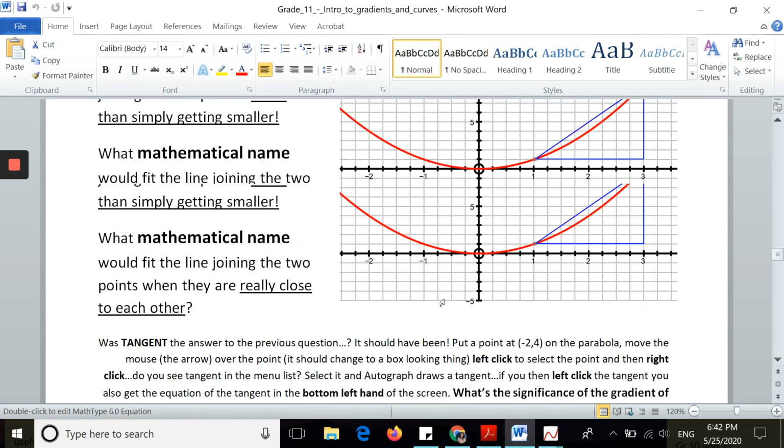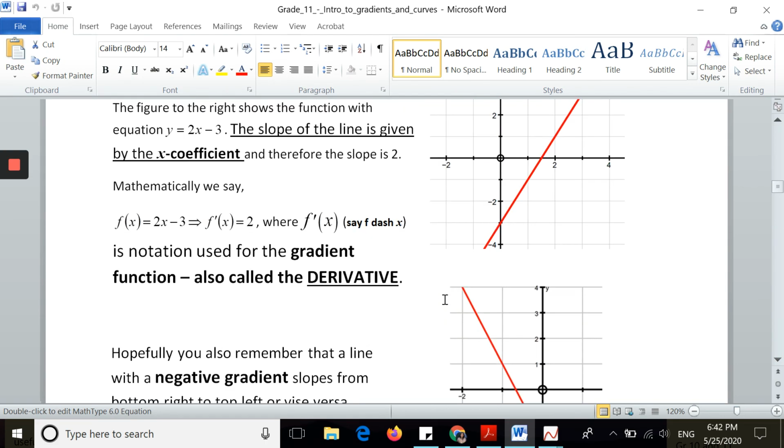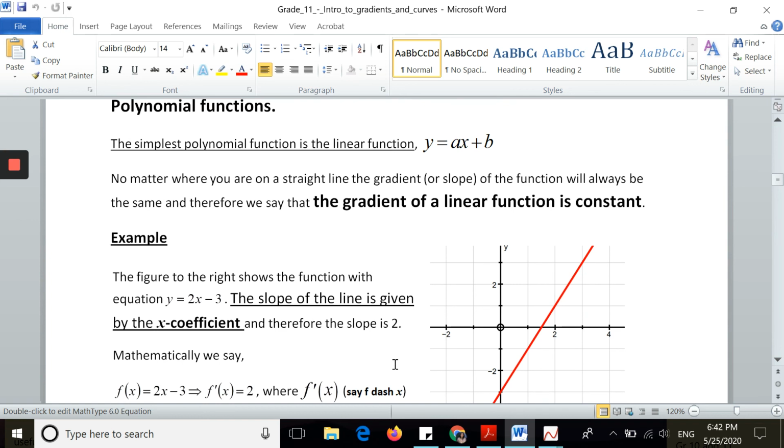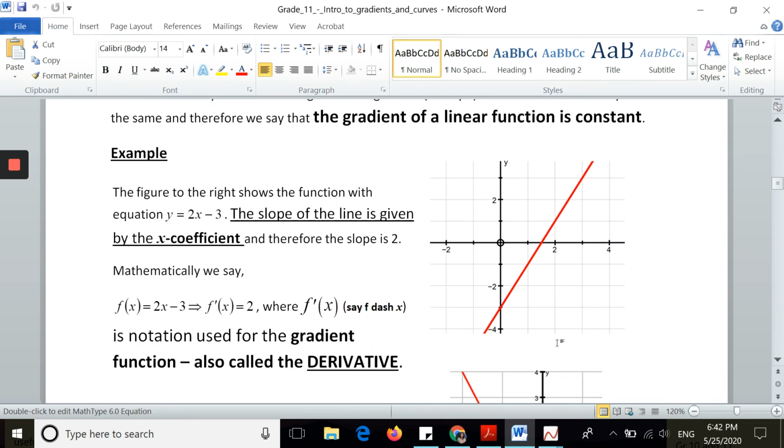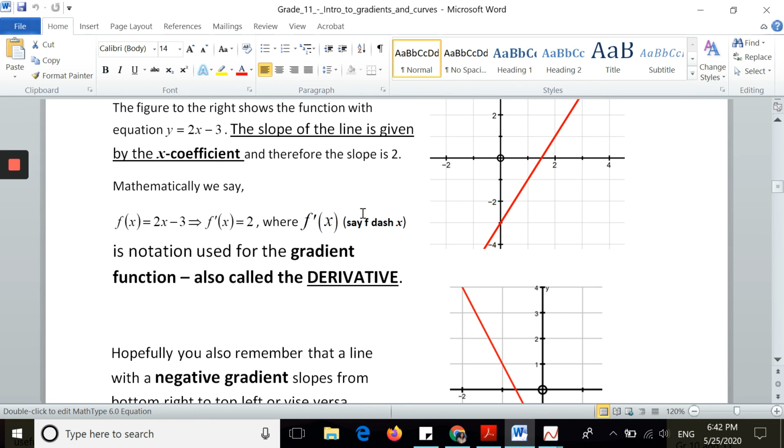So, a very quick recall: we started talking about the polynomial function. I'm not going to go much more in depth here. You know how to find the gradient of a line, because that's something we did in previous years using the graph or using the formula. Then we introduced the new notation, f dash, for derivative, slope, gradient, different names.